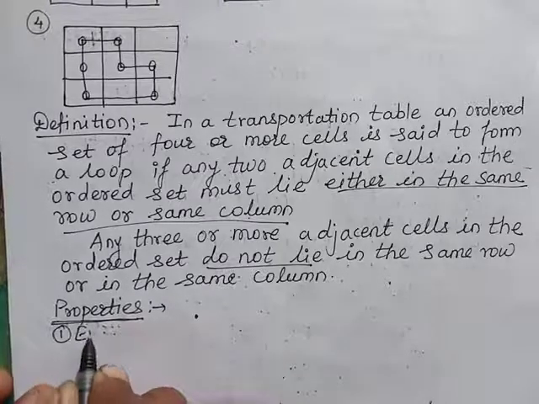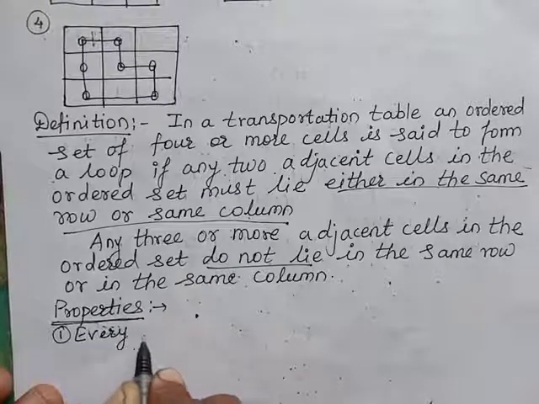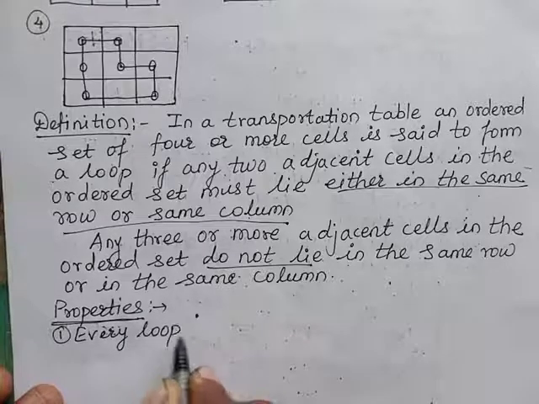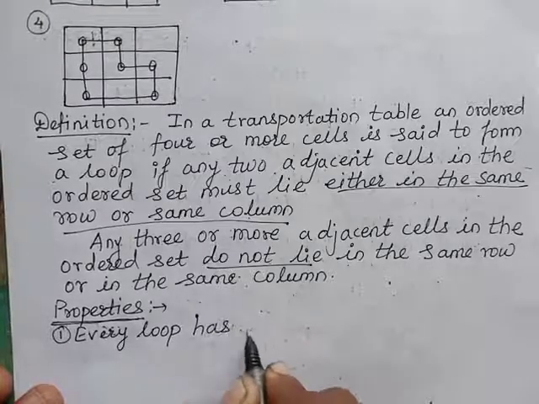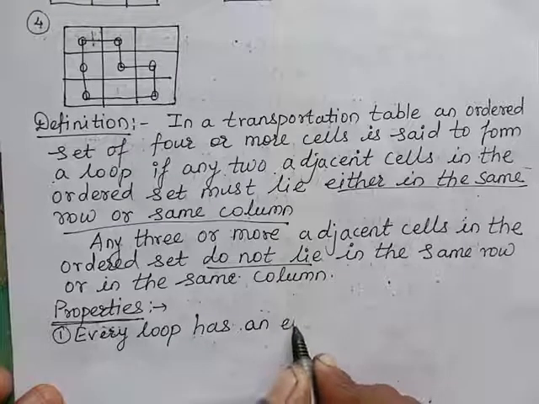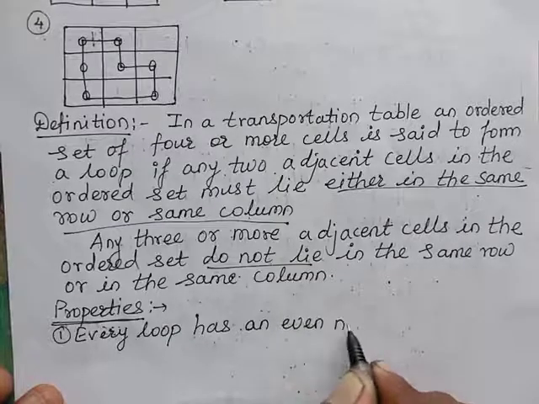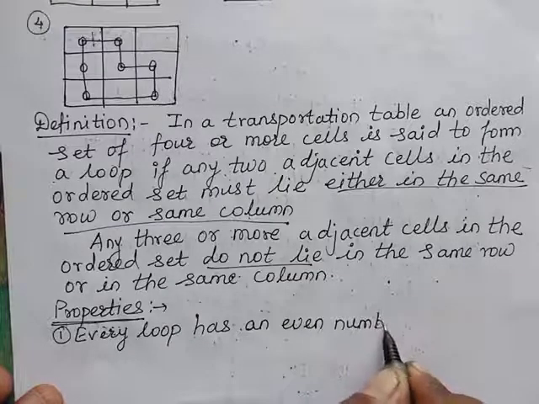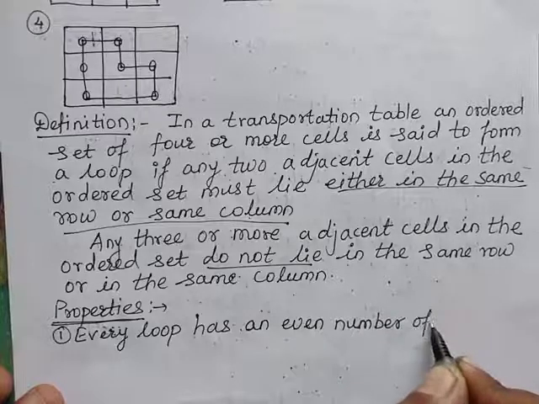Now first property: every loop has an even number of cells.